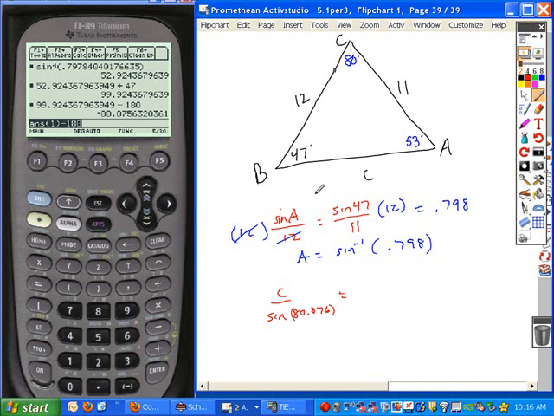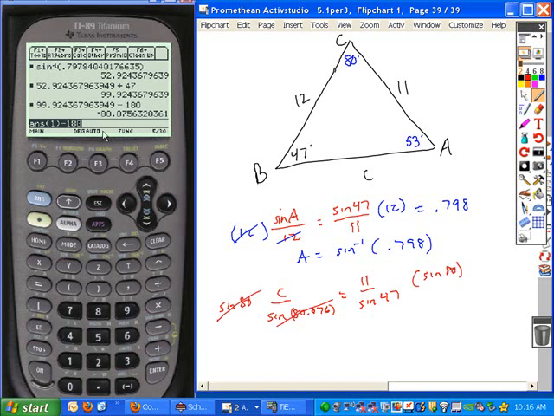And that's equal to, and which one is the more accurate side and angle measure? B. So we set it over the ratio of 11 to the sine of 47. So when we take this answer, multiply both sides by the sine of 80, but you're going to use the exact value.